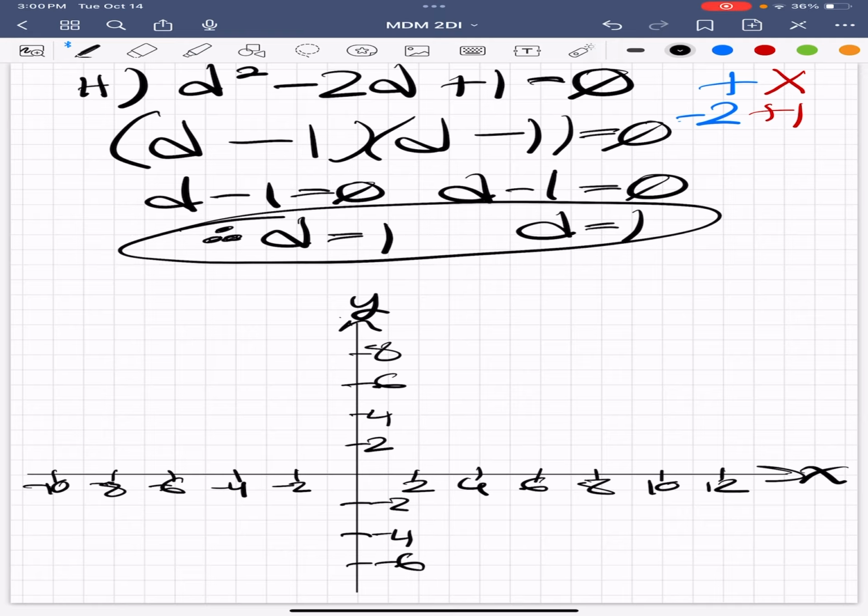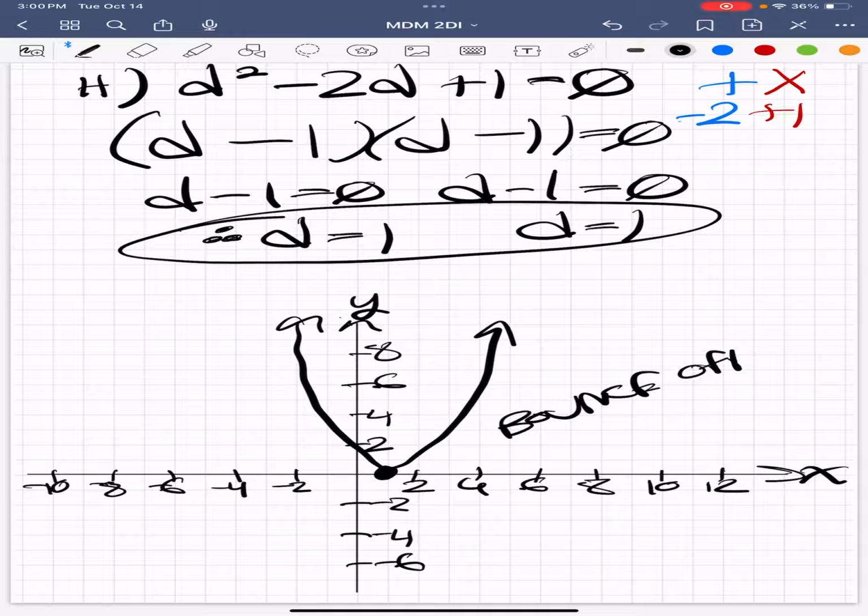And then we have the 1 right here, and it's going to bounce off the x-axis because it is an order of 2.